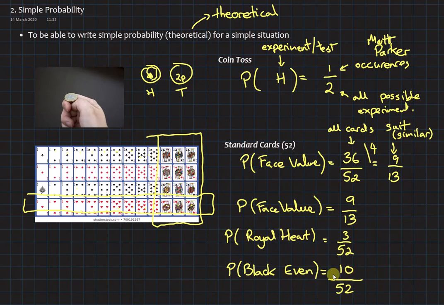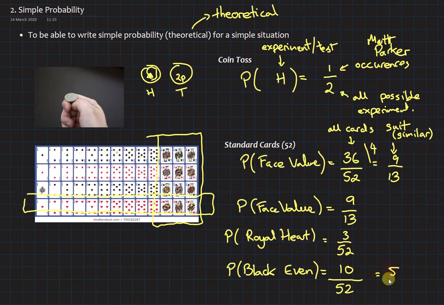Or, because I know that there's half the deck are red, I could think about the 26 of these top 2. How many of them are black? An even 1, 2, 3, 4, 5. That will give me 5 out of 26. Another way of doing it.